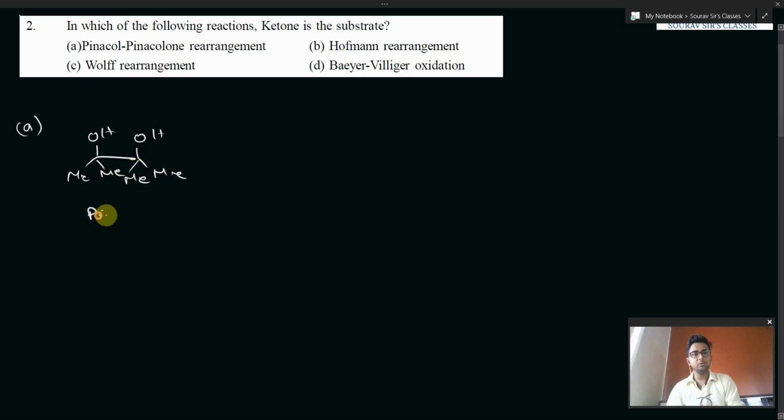This molecule is named pinacol. You require either this structure or a structure related to this, that is, two OH must be there on adjacent carbons for pinacol rearrangement to occur. Obviously this reaction is named after only this compound, but it may occur in other such corresponding compounds also.